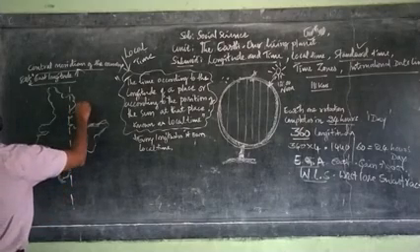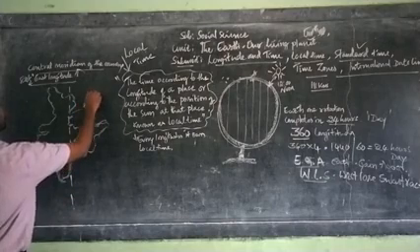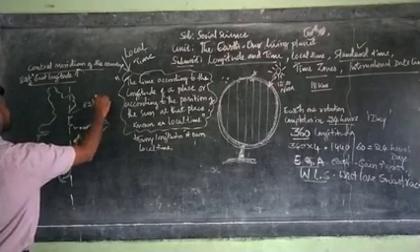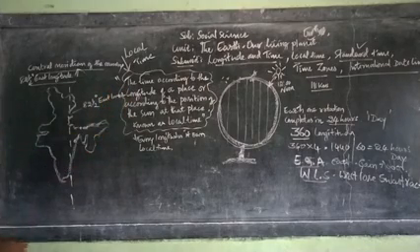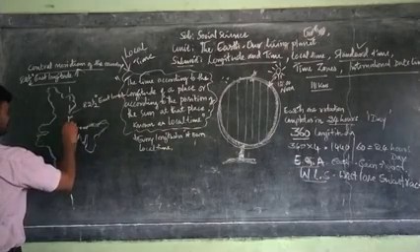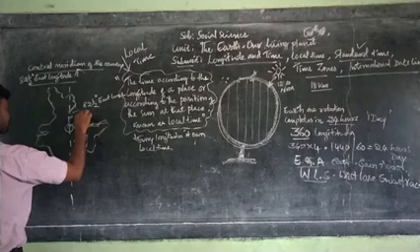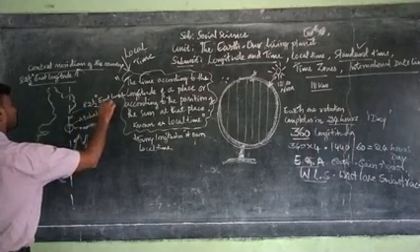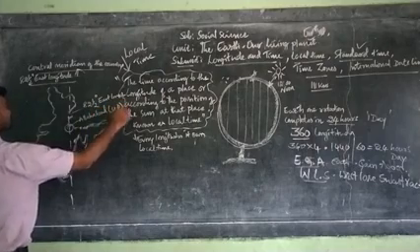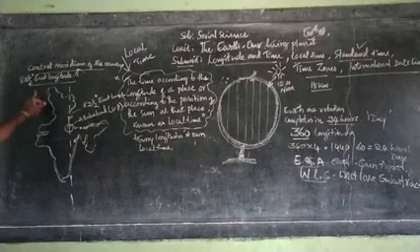So this is the 82.5 degree east longitude. It passes over Allahabad of Uttar Pradesh. That is what we call the central meridian or standard meridian of the country.